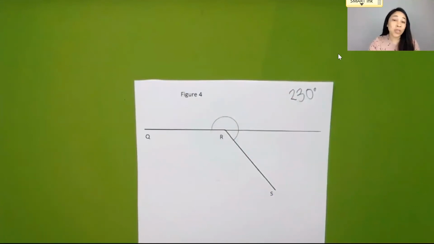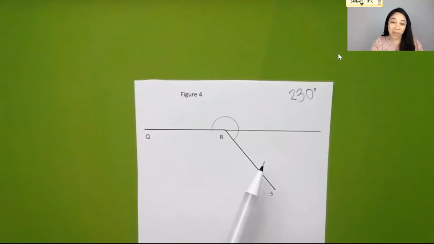Now it's chopped into two smaller angles. Think, what is the angle measure of the straight line? 180 degrees.